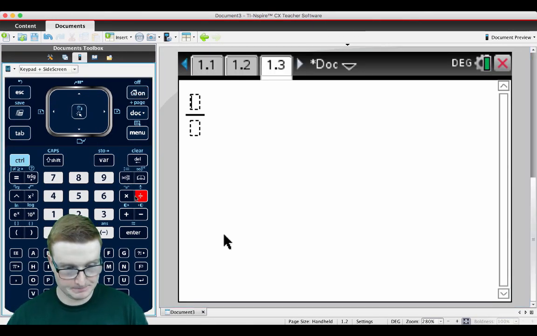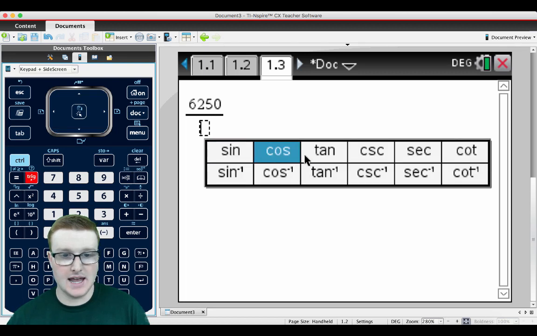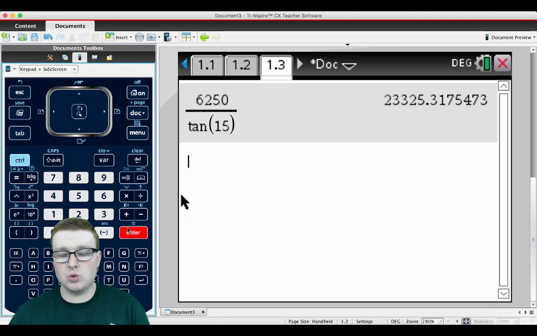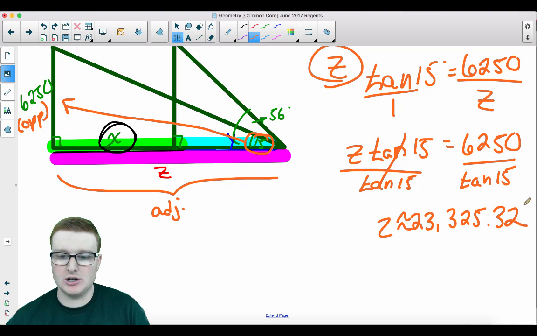When you plug this into your calculator, you get the following: 6,250 divided by the tangent of 15 degrees. Make sure your calculator is in degree mode. We get 23,325.318. I'm going to round that off. So z is approximately equal to 23,325.32.